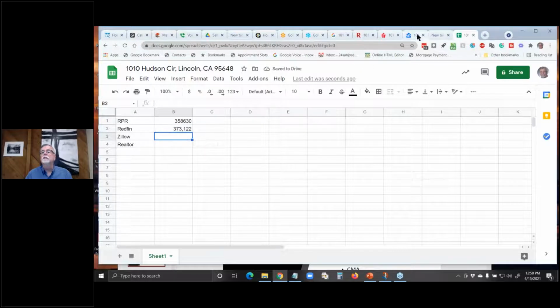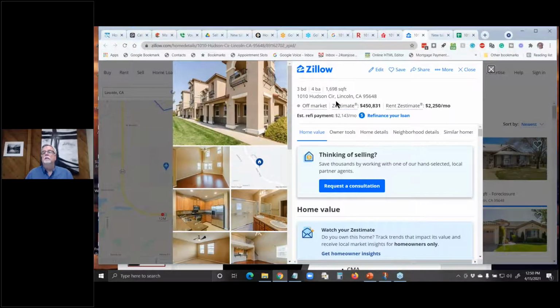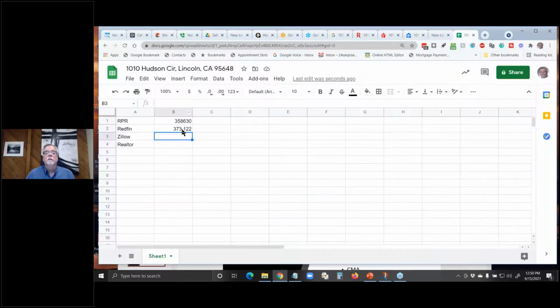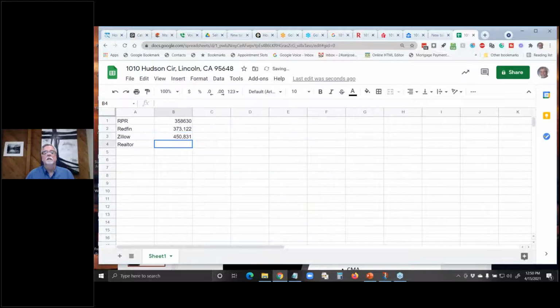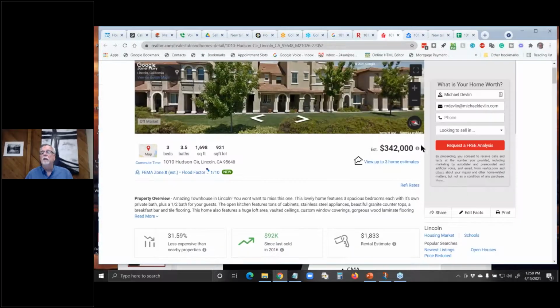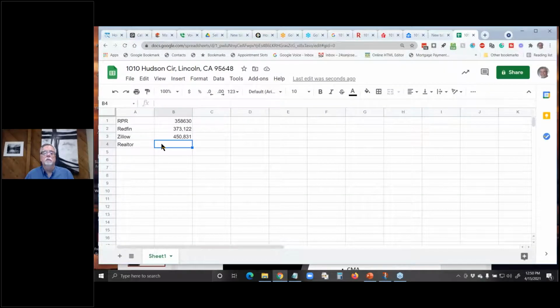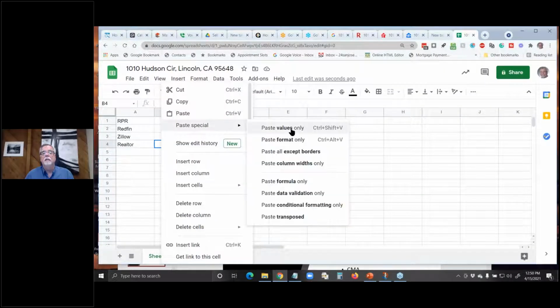And then what does Zillow say? Zillow says 450, good for Zillow. Zillow thinks it's worth more. I'm going to paste that in. And then Realtor.com thinks it's worth 342, and I'm going to paste that in.